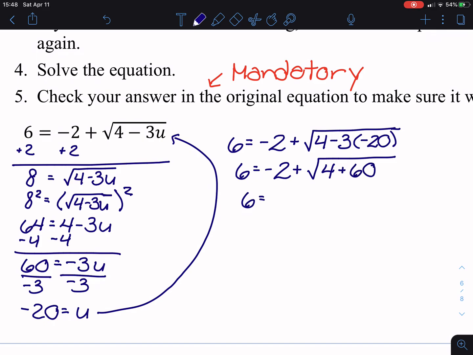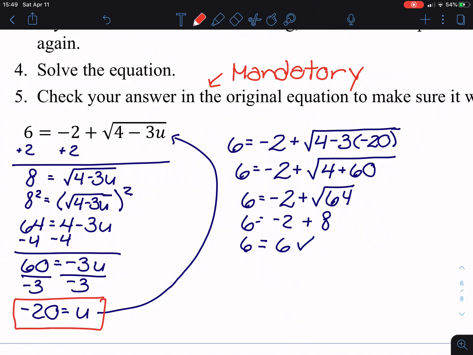So 6 is equal to negative 2 plus the square root of 64. Well, I know the square root of 64 is 8. And when I take 8 minus 2, I get 6 equals 6. That checks out. And so negative 20 is indeed the solution to my radical equation.